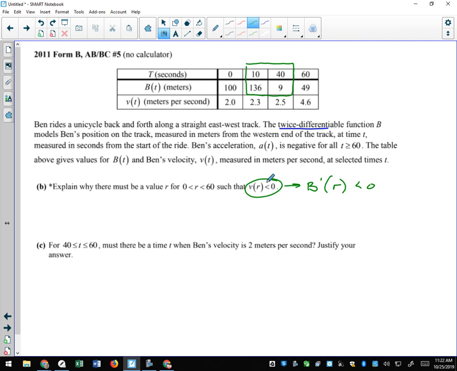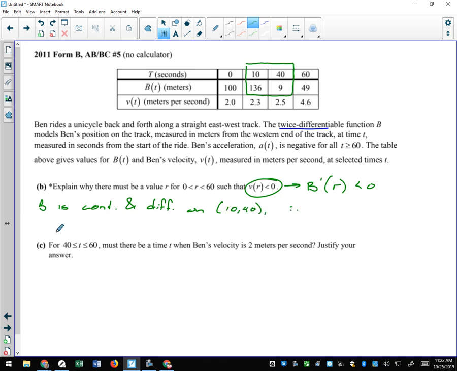So while I'm not looking for a specific value, I can use the mean value theorem, right? Because b is continuous and differentiable. Remember, anytime you use a theorem, you must lay out whatever requirements there are to use the theorem. So b is continuous and differentiable, and we're going to focus on 10 to 40.